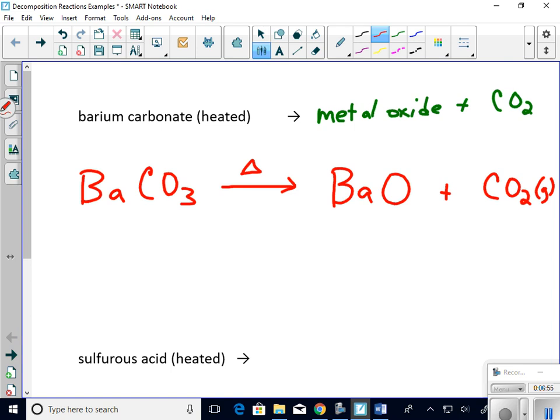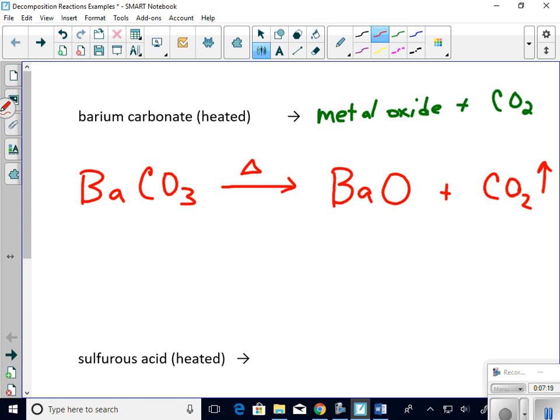We could also say an up arrow like that, because that up arrow signifies that that also is a gas. My personal preference is the parentheses G.